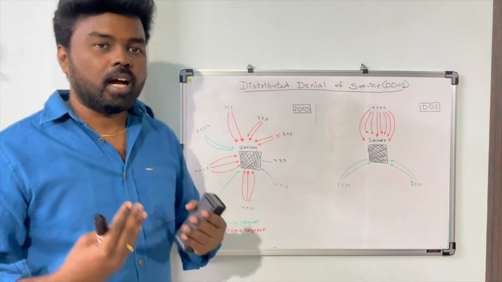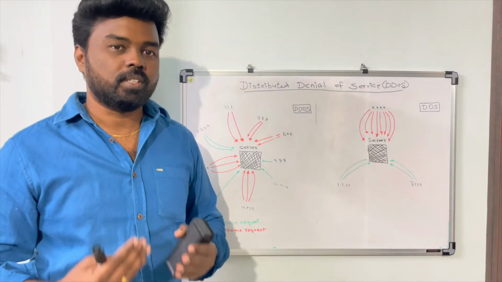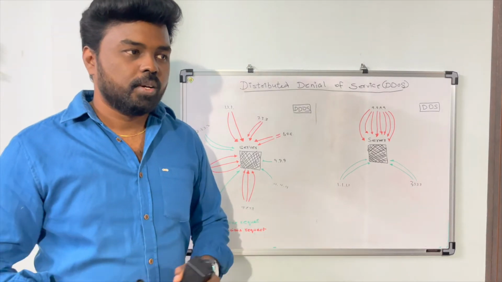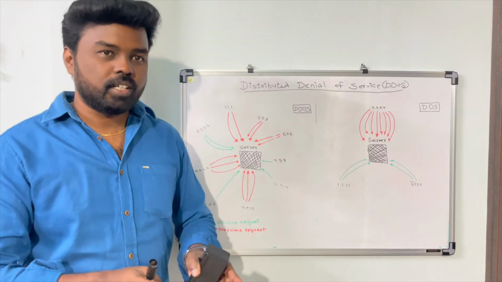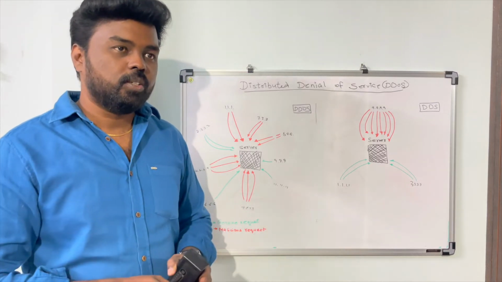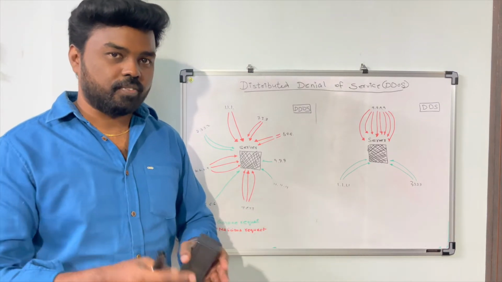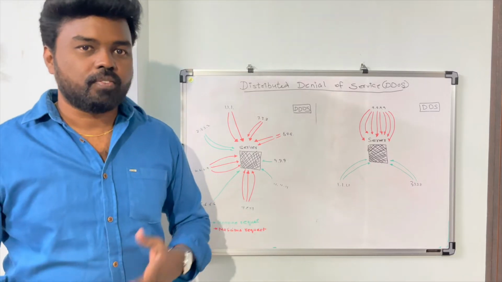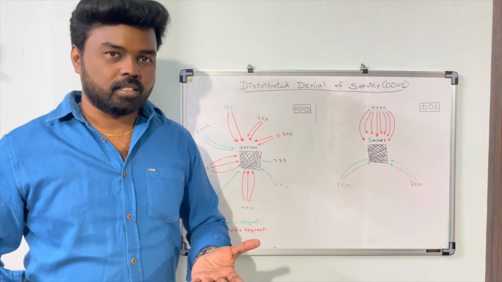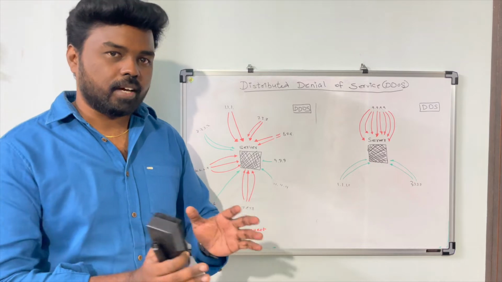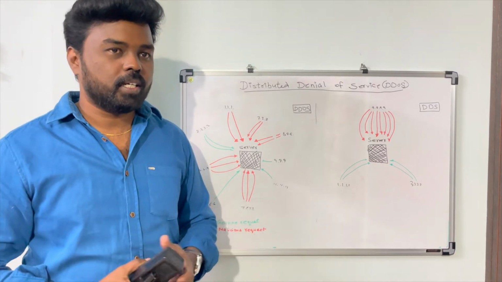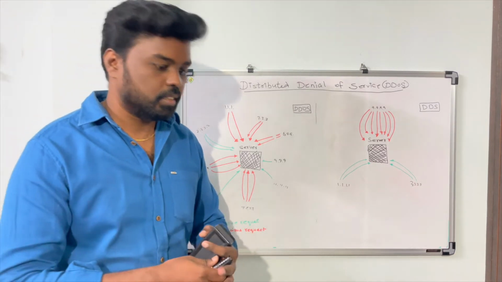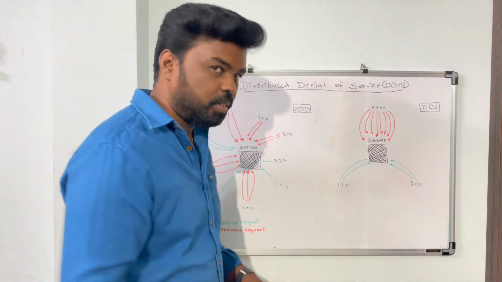So how do we identify a distributed denial of service? That's one of the challenging tasks. One option is to first learn the regular traffic pattern of your application. For example, if you are running an e-commerce application, you might have a typical traffic pattern: regular traffic during the weekdays and more traffic during the weekends.